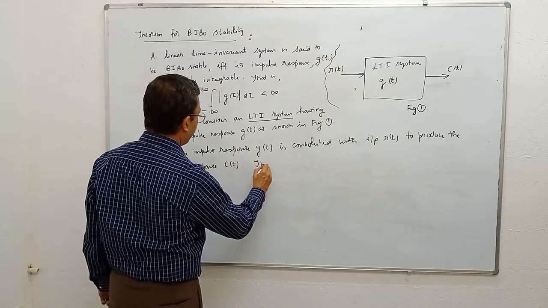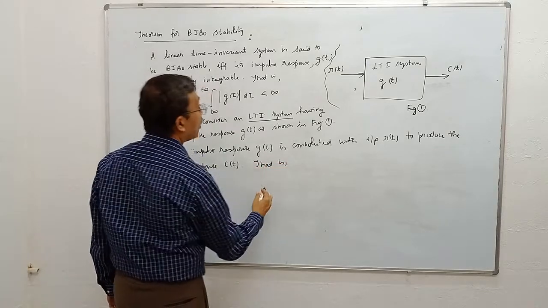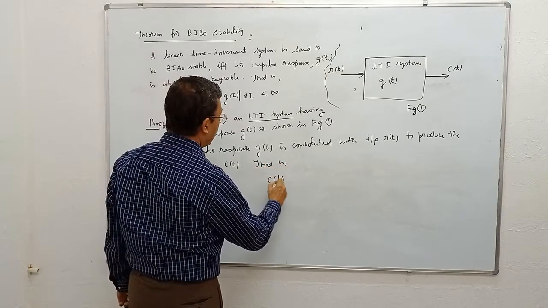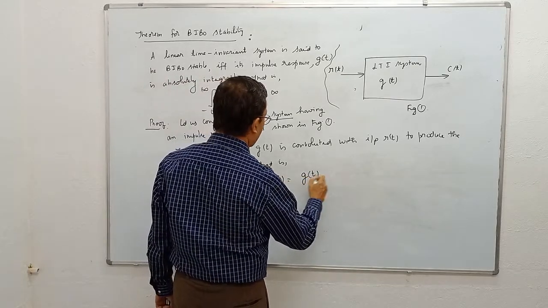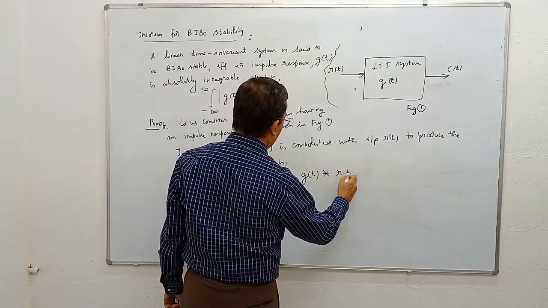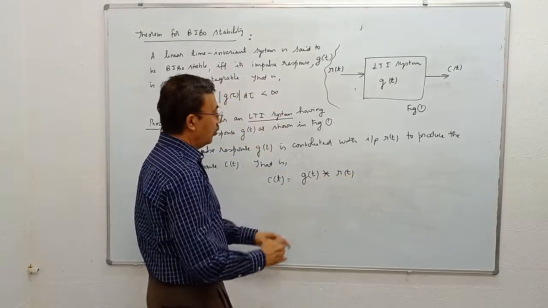That is, c of t is equal to g of t convolved with r of t. This is the symbol for convolution.